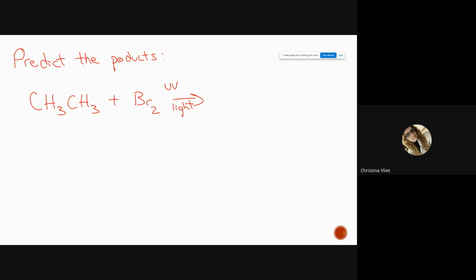And if I'm just giving the product, what's the only thing I need to know? 1 hydrogen swaps with a bromine. So what are your products? CH2Br plus HBr. So it doesn't matter how long the chain is, only one H will switch out. Right. And so that means there can be multiple answers that are correct.